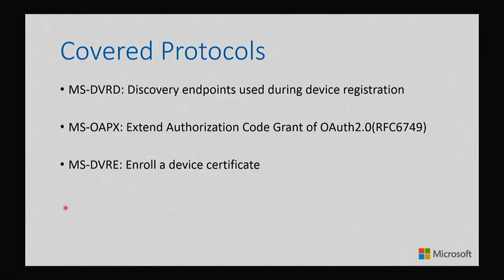We also have the MS-OAPX protocol. It extends the popular OAuth 2 protocol to allow the user to be authenticated during this scenario. And we have another protocol, MS-DVRE. This is a protocol to actually enroll certificates.